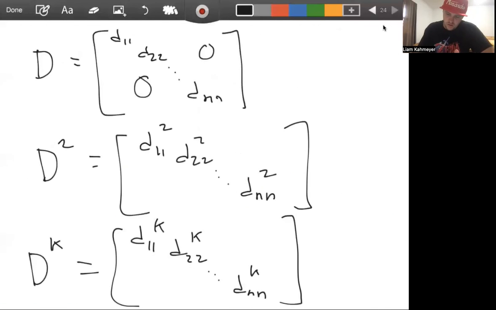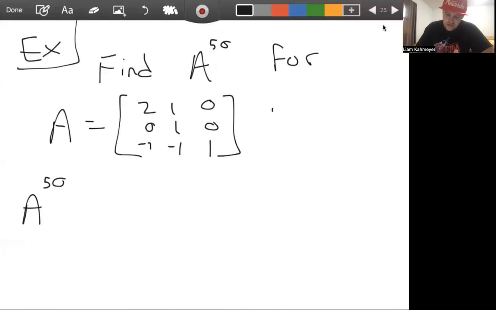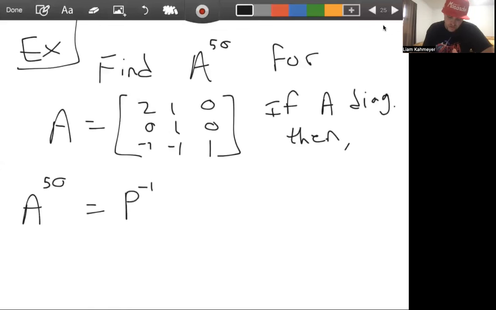So let's say if A is diagonalizable, then A to the 50th is equal to P inverse D to the 50th P. But we don't know if it's diagonalizable or not. So what we would have to do first is verify that it's diagonalizable. Well, how would we do that? We've seen an example.